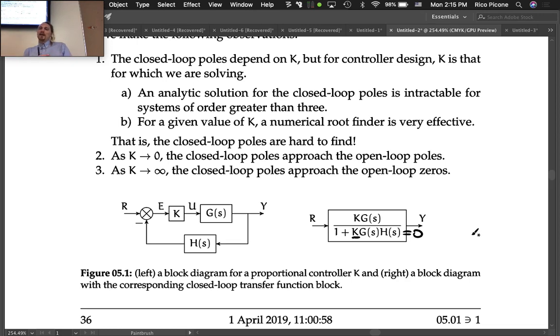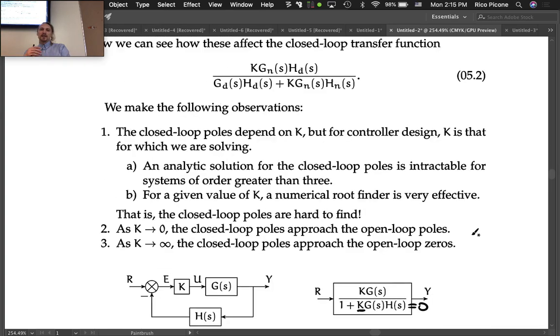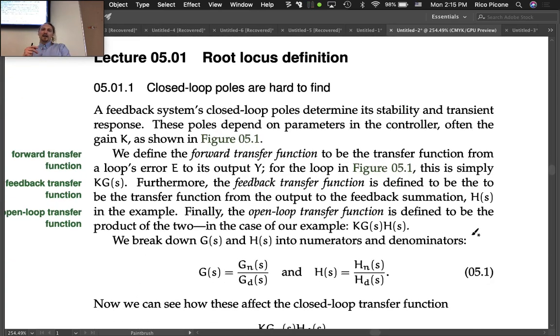Solving for an expression in which we know where those poles are as a function of K, or the other way around, which would be our preference, is intractable, especially for higher order systems. So let's take a look at that.